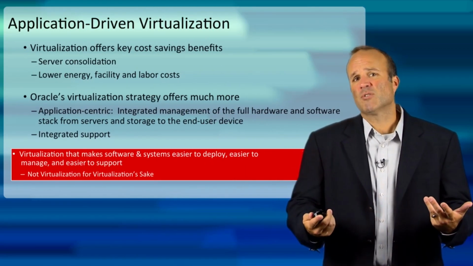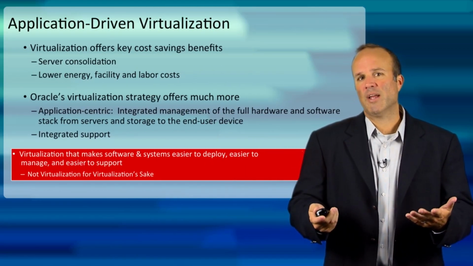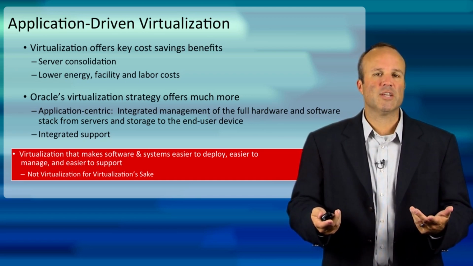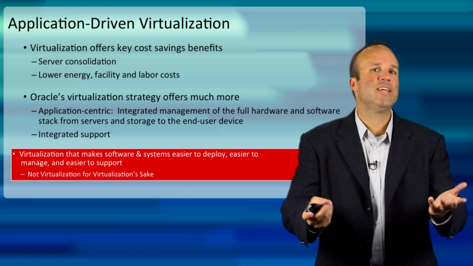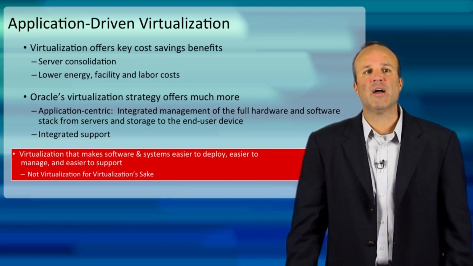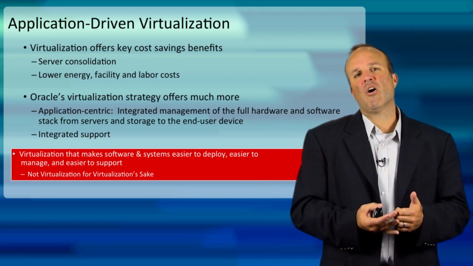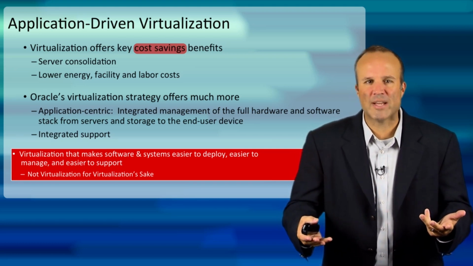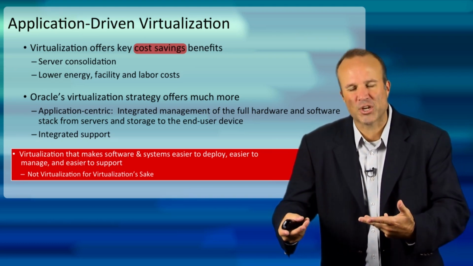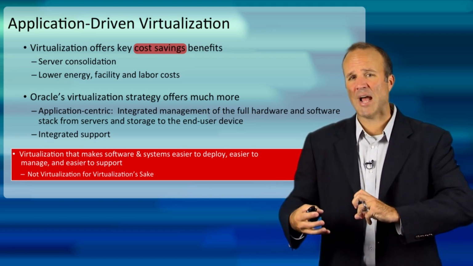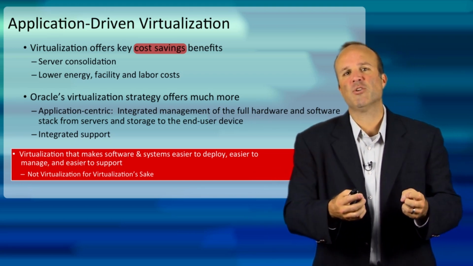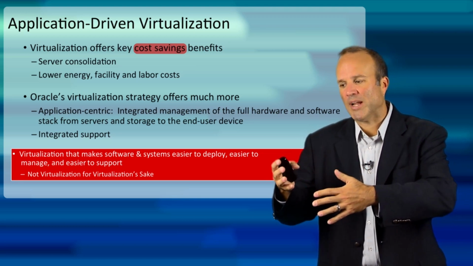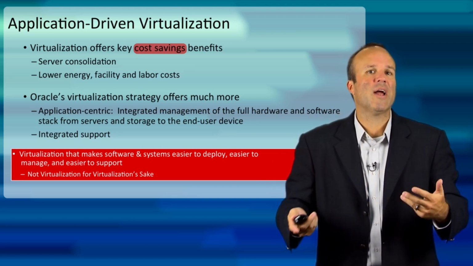So when we talk about virtualization, we make a distinction about application-driven virtualization. Certainly with virtualization, there are some core benefits that any technology that you're going to use should provide. And those are generally around cost savings and more infrastructure-led types of things. You use virtualization because you can take a whole bunch of server assets and consolidate down to fewer and still have application isolation built in that you may have done by putting apps on different servers in the prior environment.